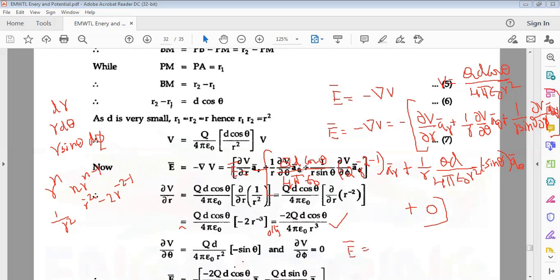to qd, which is a common term, by 4 pi epsilon naught r cube.